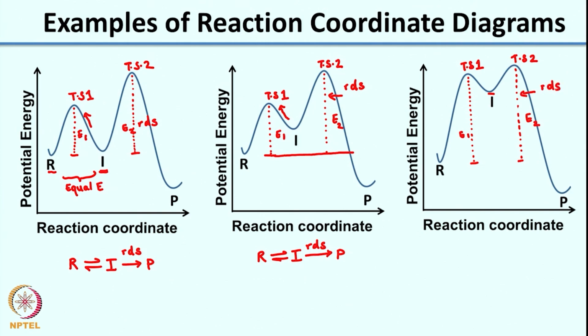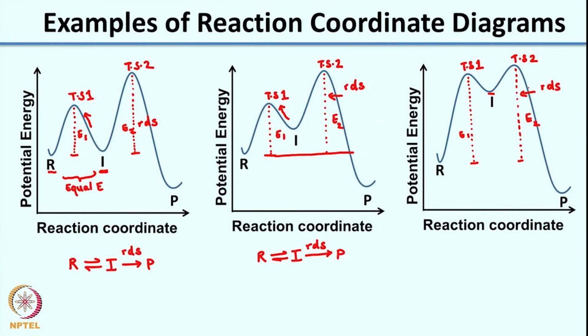Now, what is interesting here is, although the barrier to go from the intermediate to transition state 1 is slightly smaller than the barrier to go from intermediate to transition state 2, the difference is actually very small. So, as soon as you form intermediate 1, because the barrier is so small, it would probably immediately go to the product, and we will look at this later.